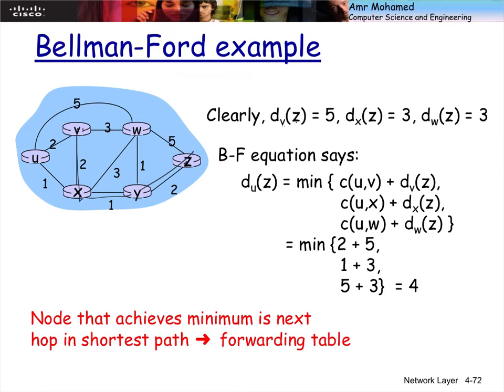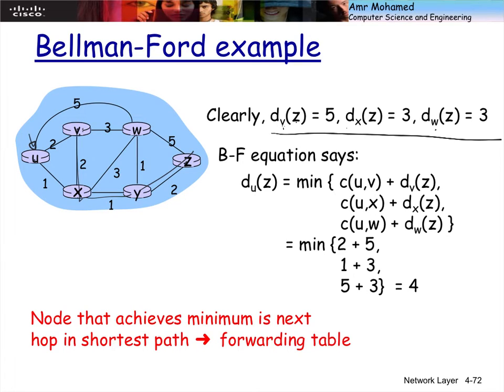In any case, I received, for example, which node here? Node U. Node U received these vectors of distances from V, from W, and from X. These are the neighboring nodes, V, W, and X. So these are the distances that node U received from these neighboring nodes.